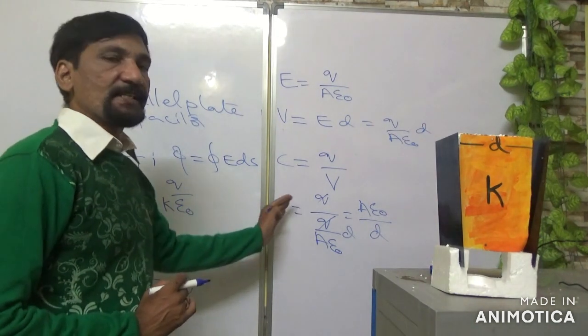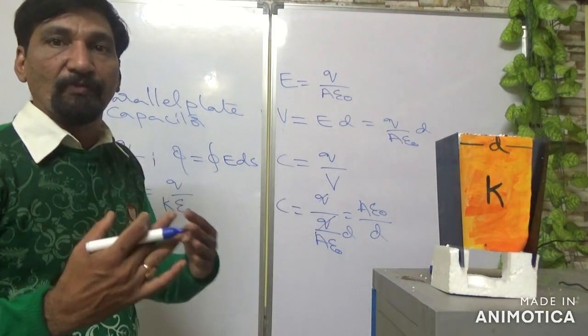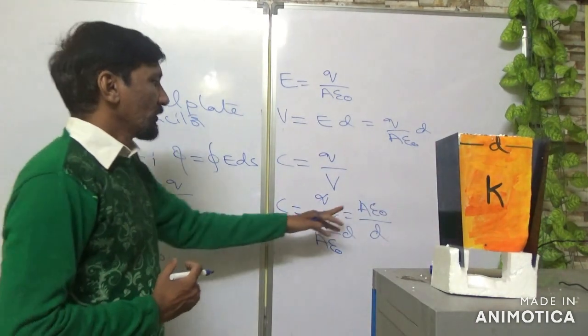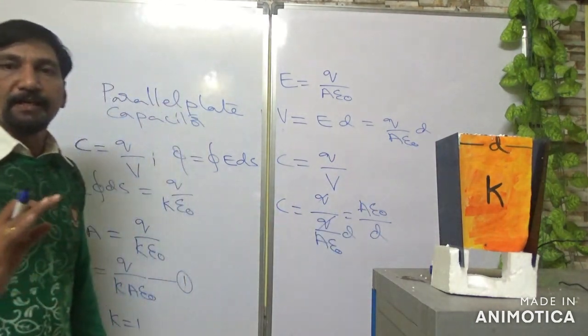So the formula for a parallel plate capacitor with air is A epsilon naught by D.